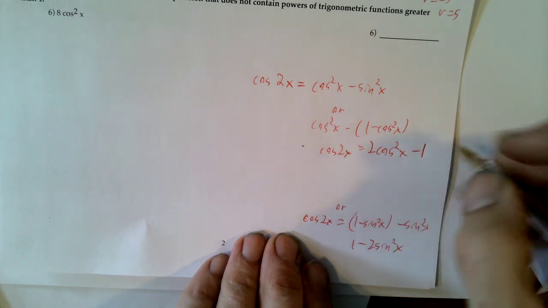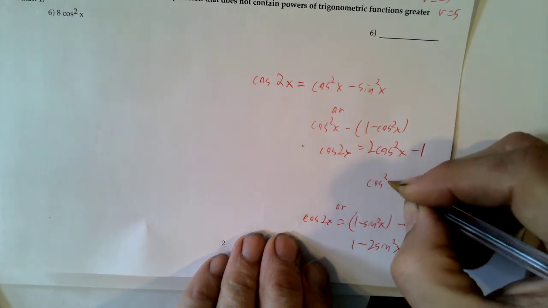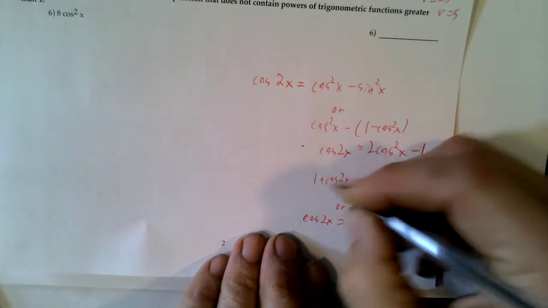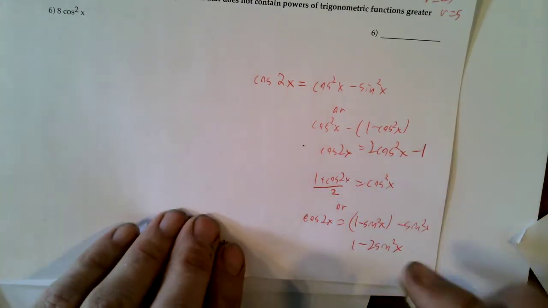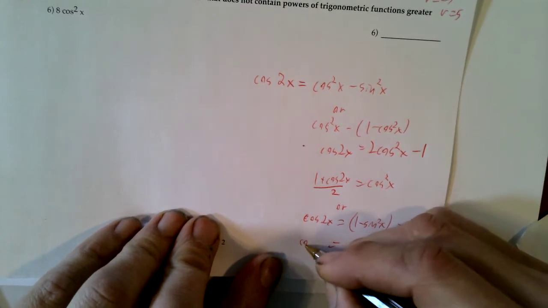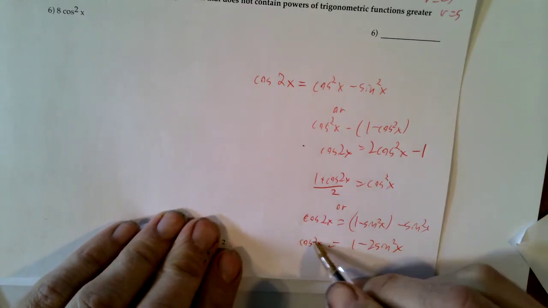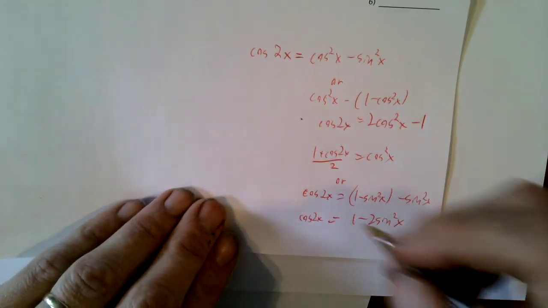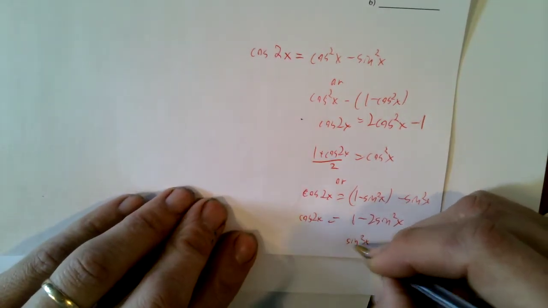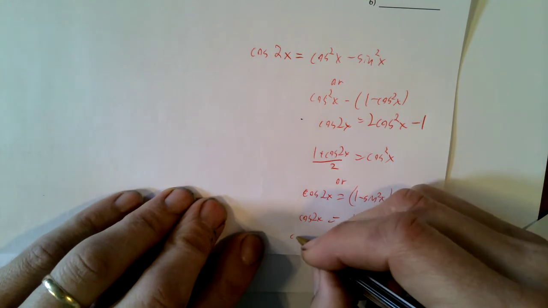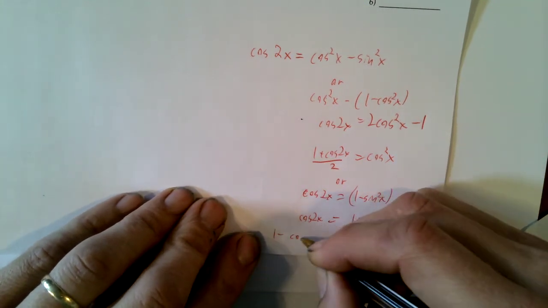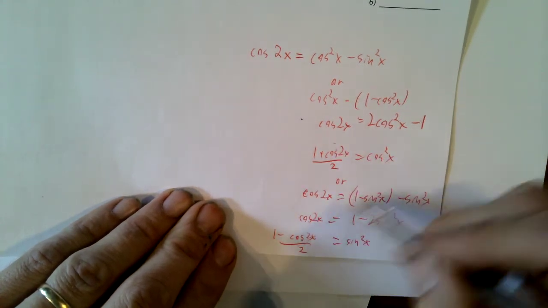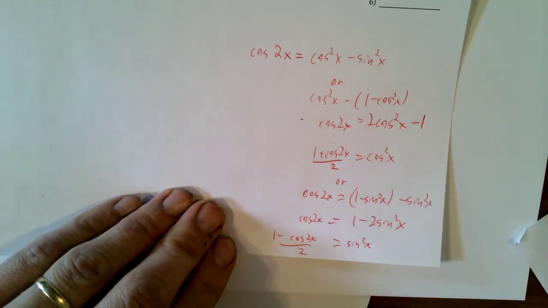We're going to add 1 and divide by 2, so you get cosine squared x equals 1 plus cosine of 2x divided by 2. And if you do the same thing down here, subtract 1 and divide by negative 2, it ends up looking like, well, I'm going to turn that around. It ends up looking like 1 minus cosine of 2x over 2. Those end up pretty similar, but they don't have the exponent in them.